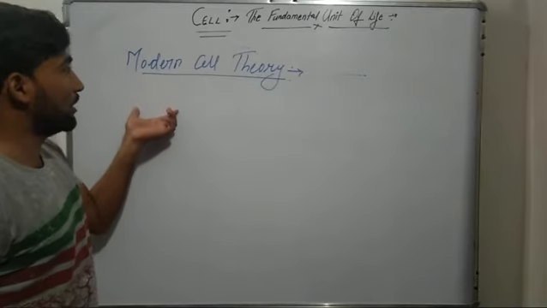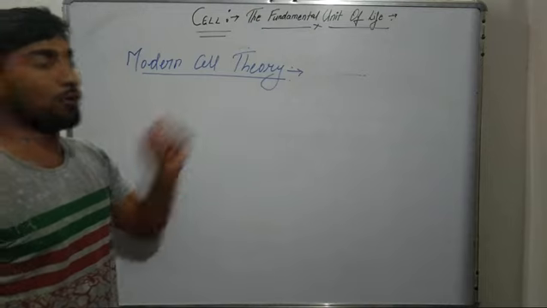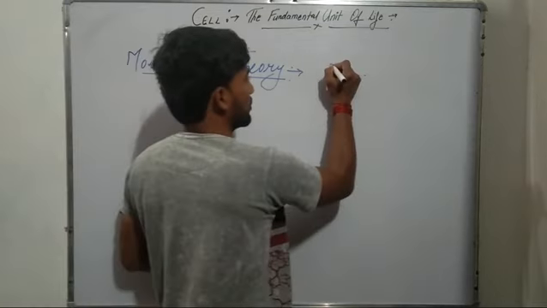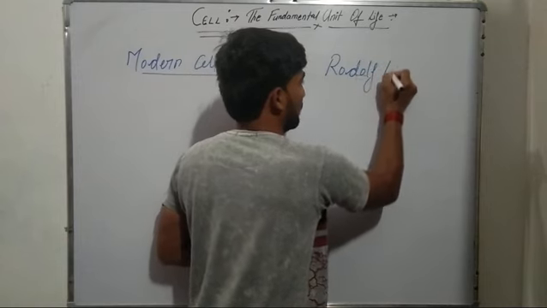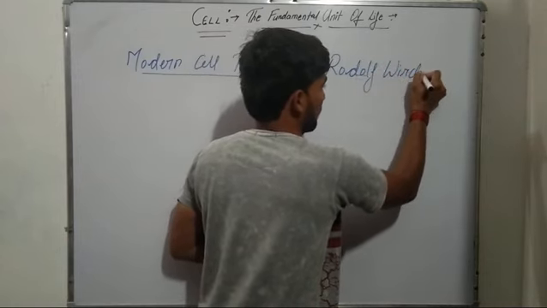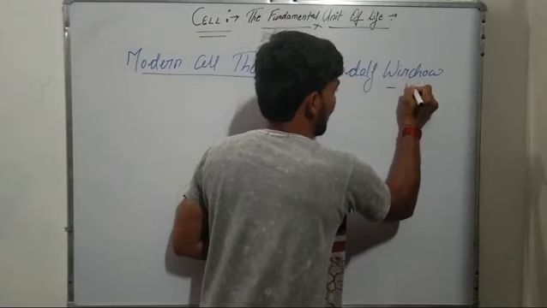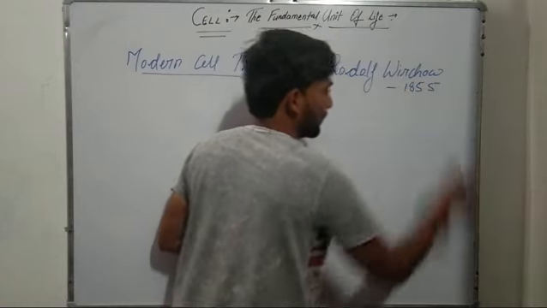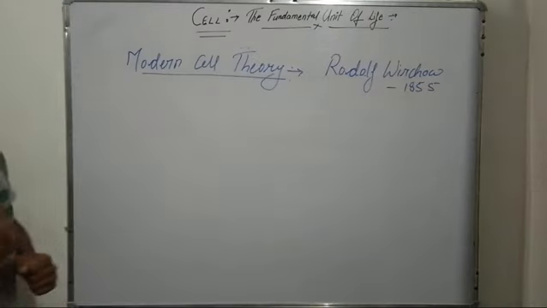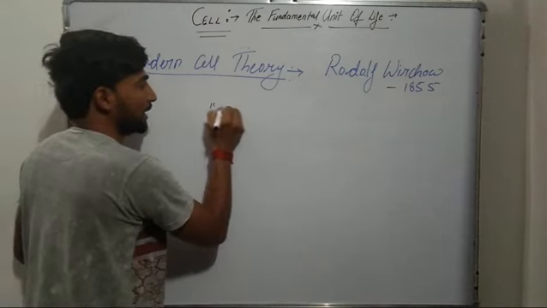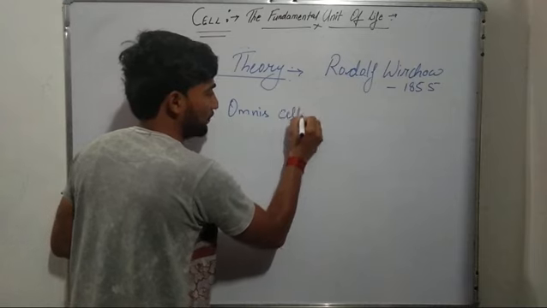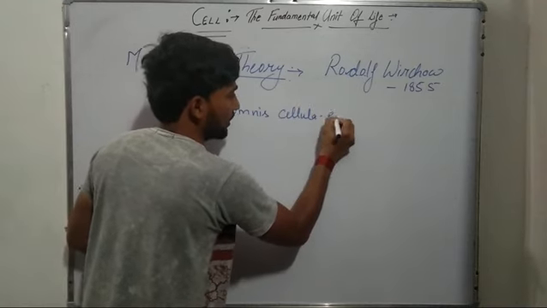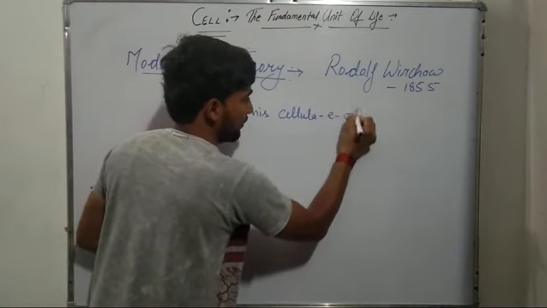Now there is another theory, that is modern cell theory, and it was proposed by Rudolf Virchow in 1855. This modern cell theory states omnis cellula e cellula.